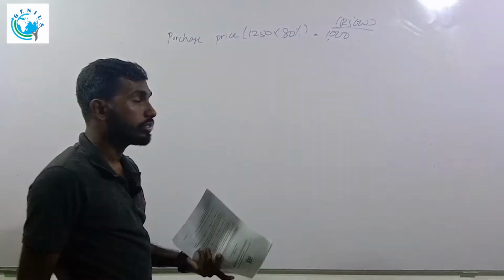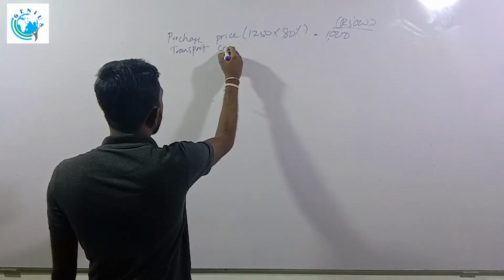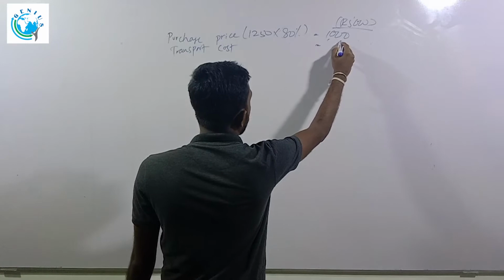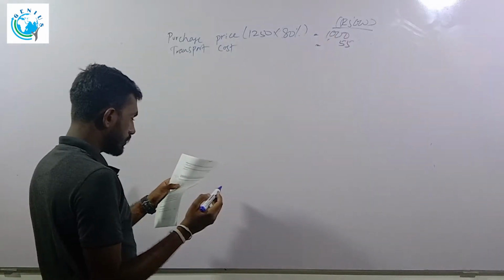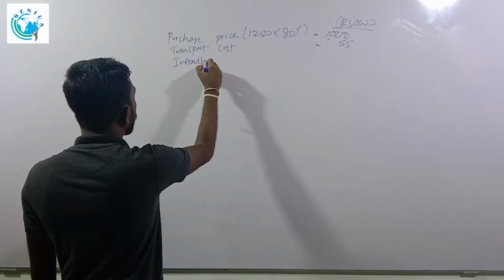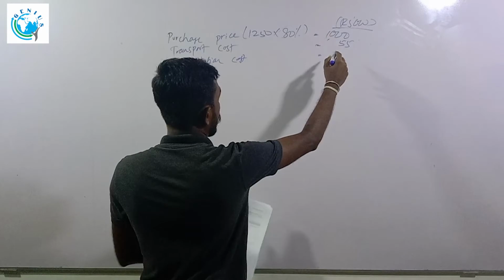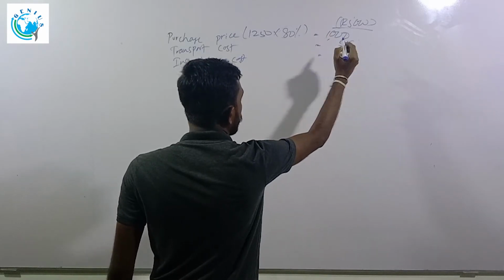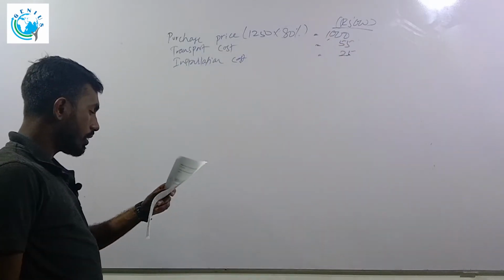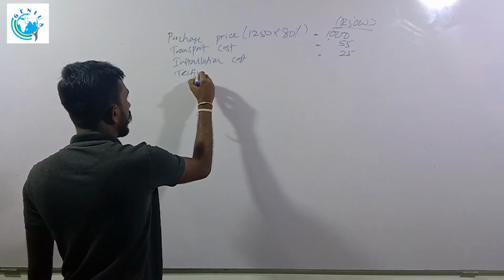Transport cost, obviously you have to include that. Transport cost 55. Installation cost 25, yes, you have to incur that. Pre-production testing cost, yes, you have to include that as well.